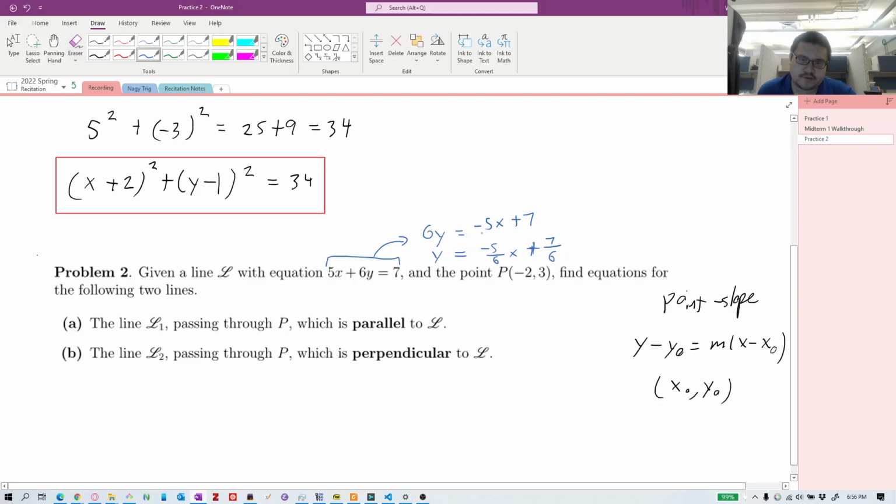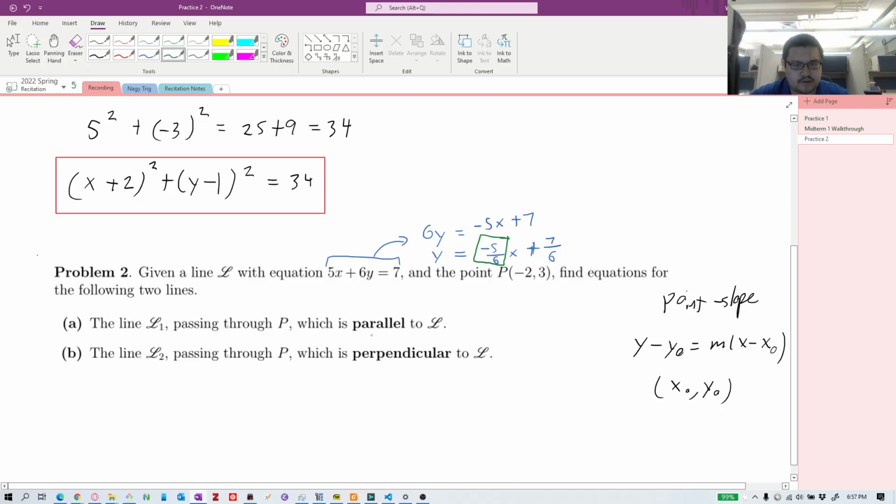Then we divide both sides by 6, and you get this, right? And so what's the reason we do all of that? Well, we wanted the slope, which is what I'm boxing in green. So we found that the slope of the given line is negative 5 over 6, and so that lets us solve A and B, right?